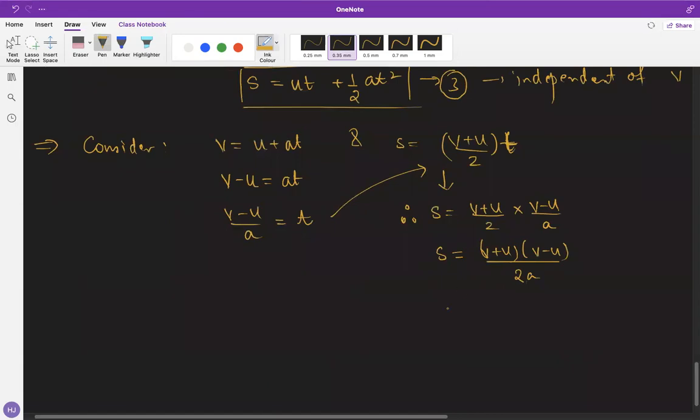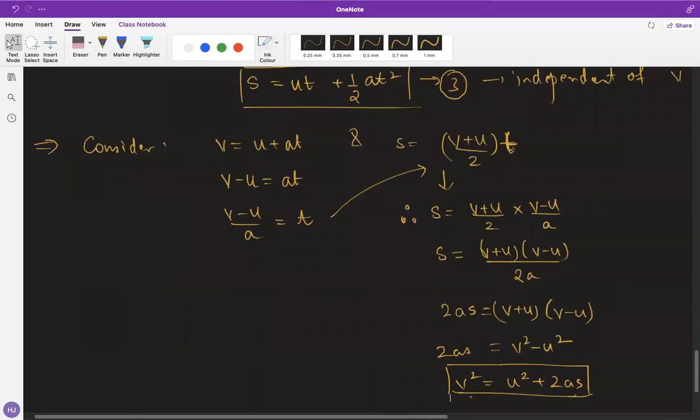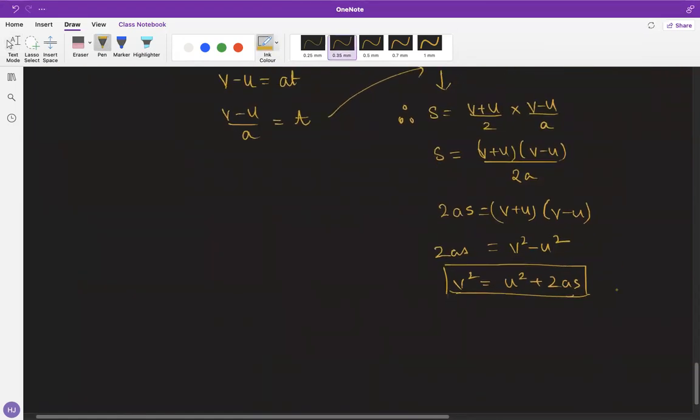On cross multiplying, we get 2as is equal to (a plus b) into (a minus b), which is a square minus b square. So if you make v square the subject, we get v square is equal to u square plus 2as. Okay, so this is our fourth and final SUVAT equation.